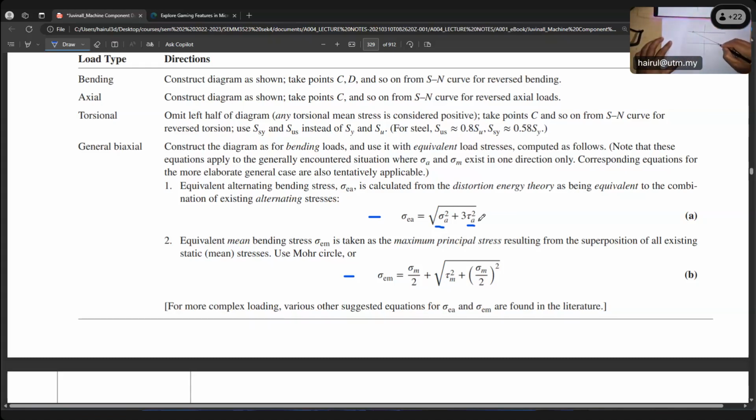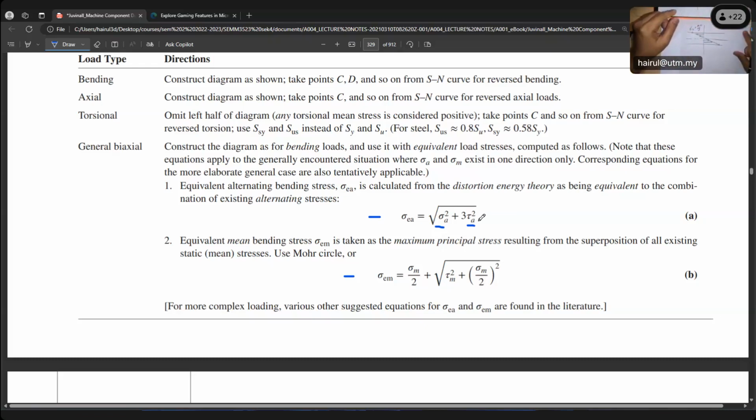With this one, we don't have any notch, any fillet, we don't have a shoulder, just a plane diameter. So this is the neutral axis of the shaft. So here we have tension. When we have bending stress, below the neutral axis is compression. Our bending stress sigma is like this.